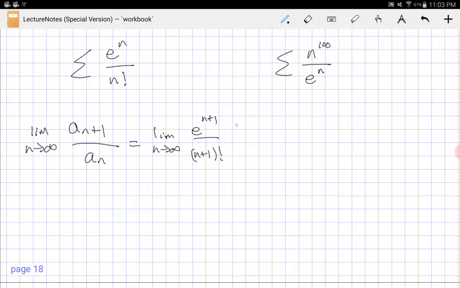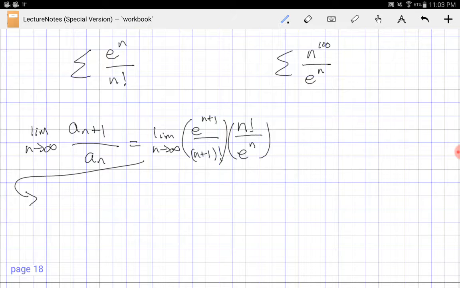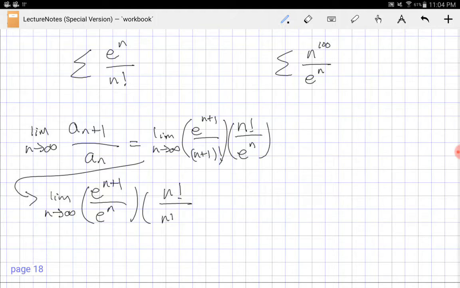When you divide by a n, we can alternatively multiply by 1 over a n, which gives me n factorial over e to the n. What I personally find very helpful is to cluster my like terms together. So I'm just going to rearrange some terms. I get e to the power of n plus 1 over e to the power of n, and then I'm going to get n factorial over n plus 1 factorial.